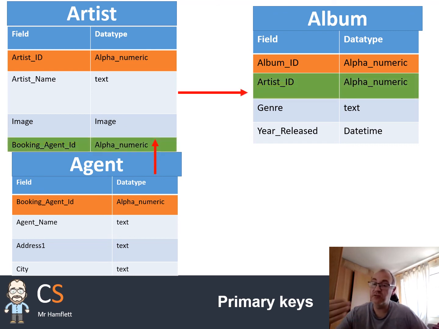And you can then see the relationship between them. So an agent could have many artists, and that makes sense, doesn't it? Because an agent might work with many different music artists. An artist might release multiple albums, because they can. However, an album is only ever released by a single artist, and artists will only have a single agent. Now, obviously, the real world might be more complicated than that, but for this example, we are just going to go with that.